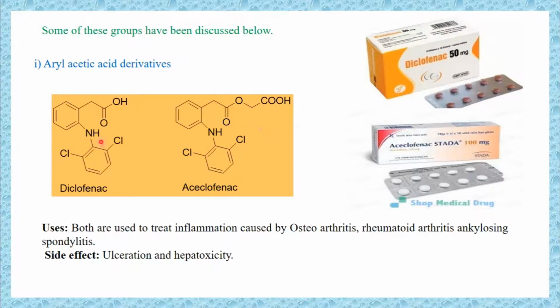These are the structures of diclofenac and aceclofenac. Aceclofenac is a derivative of diclofenac, because in aceclofenac a CH2COOH group is joined to this oxygen.